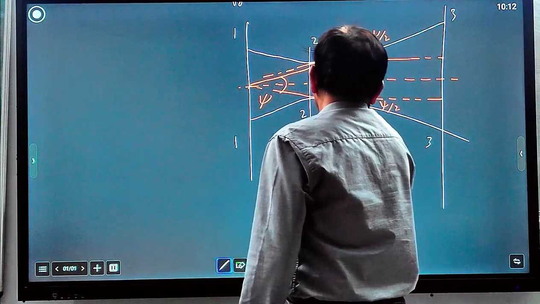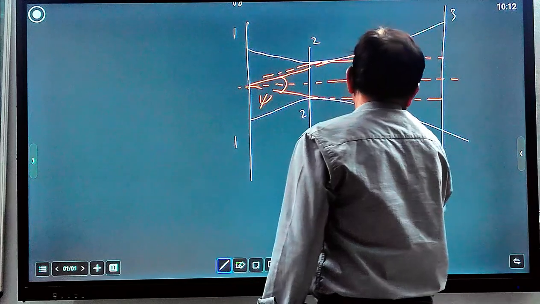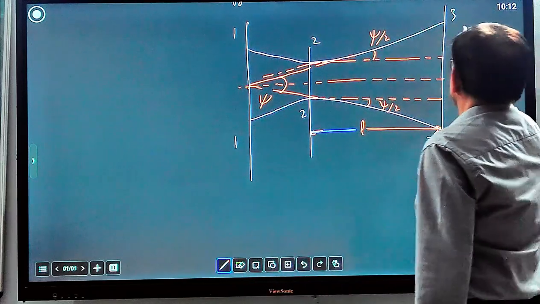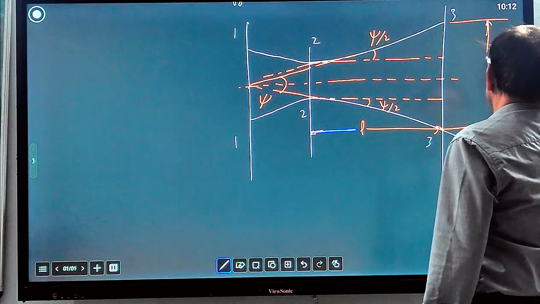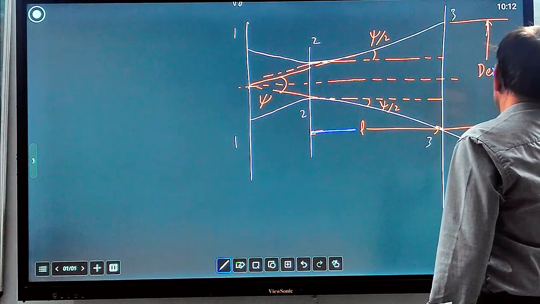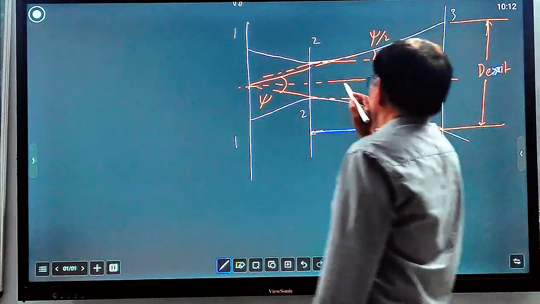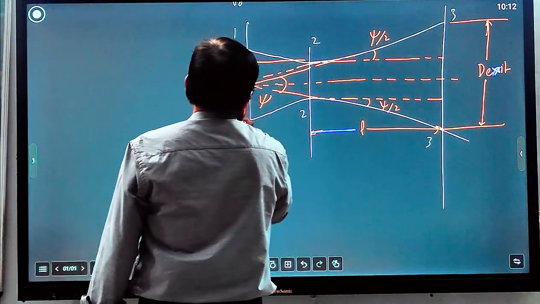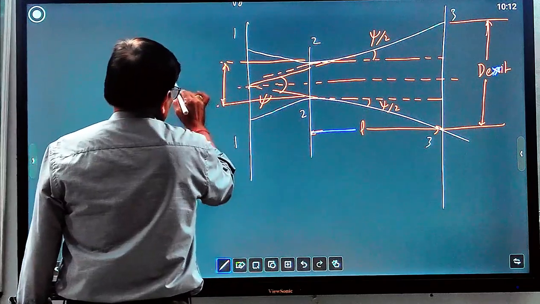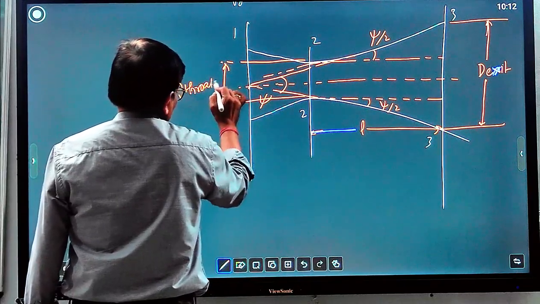The length of the divergent part is L, and the exit diameter is D exit, and this one is the throat diameter, D throat.